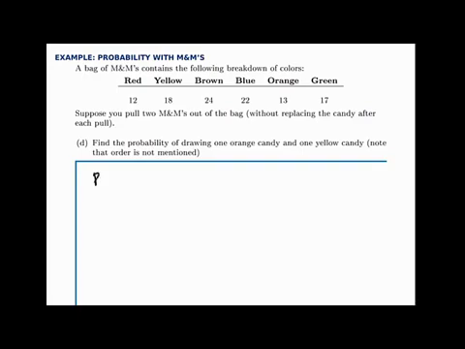So the probability of getting an orange and a yellow, we could do orange then yellow, or we could do yellow then orange. And these individual probabilities we'll do just the same way we did the previous ones.